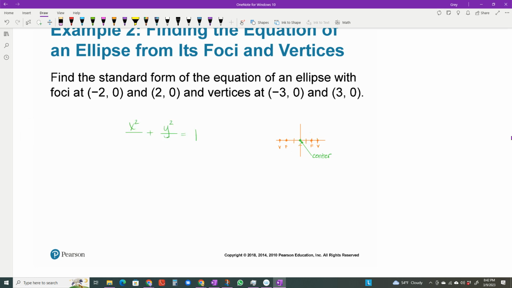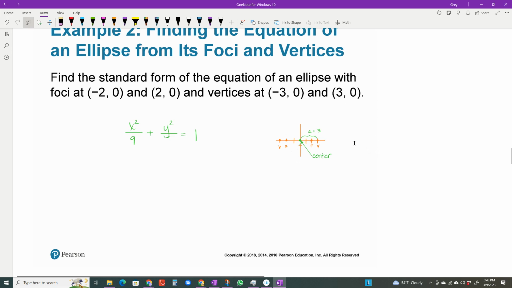and that means that I can go ahead and set up my equation. x squared over something plus y squared over something equals 1. I need to remember the vertices. The distance from the center to the vertex is a, and I moved left and right, so a squared is going to go under the variable that goes left and right, which is x. 3 squared is 9. Now I have to find y. In my picture, I didn't go up and down.